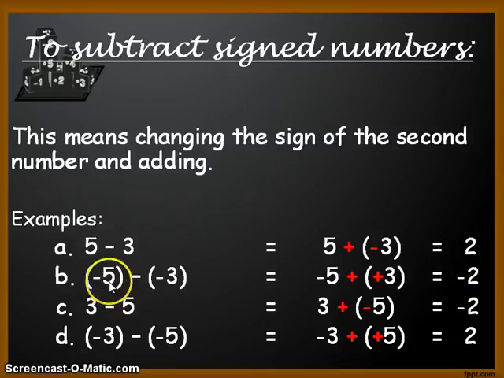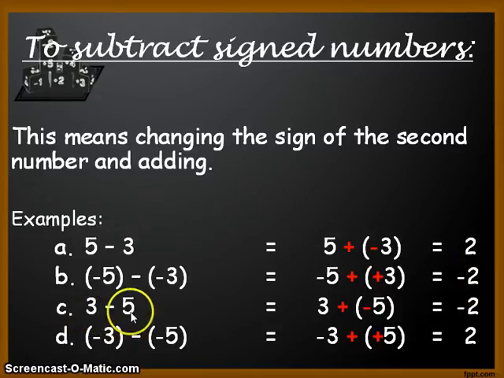So if we have negative 5 minus negative 3, change subtraction into addition, change negative into positive, then proceed to add since our new operation is addition. So when we are adding different signs, we are subtracting. So negative 5 plus positive 3, that will give us negative 2.